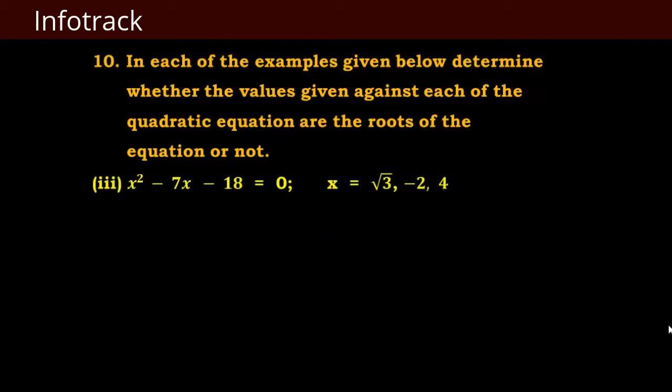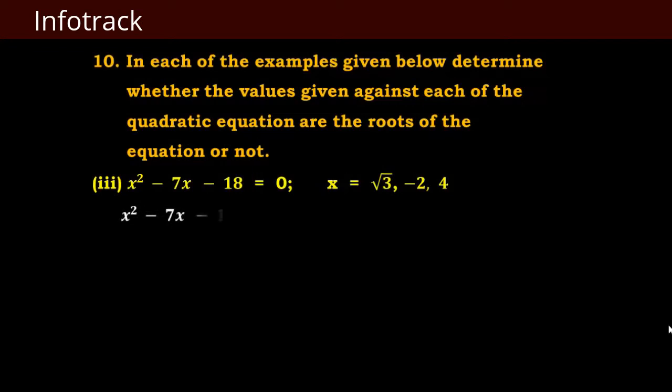Question number 3. x square minus 7x minus 18 equals 0 and the values of x given are root 3, minus 2, 4. Now we have to check whether these are the roots of the given quadratic equation or not.